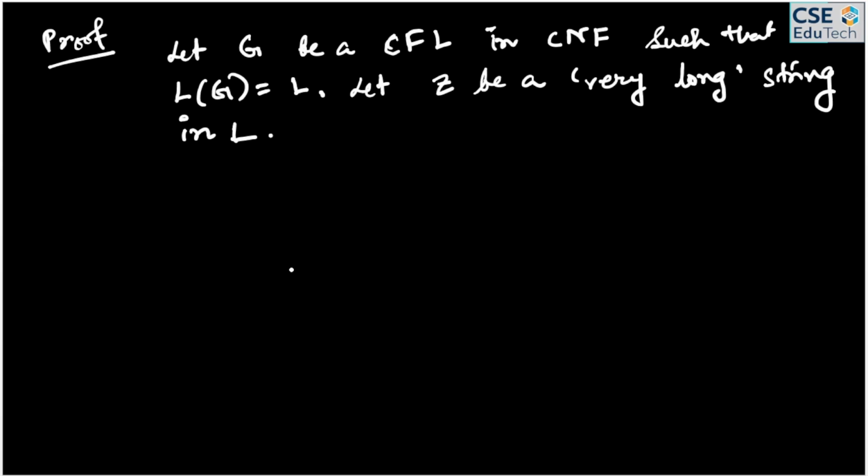This very long means we want to repeat at least one variable from the start, that means the root, to the bottom of the parse tree. That means if we draw the parse tree, it will look like this pyramid structure, and this is from the root.